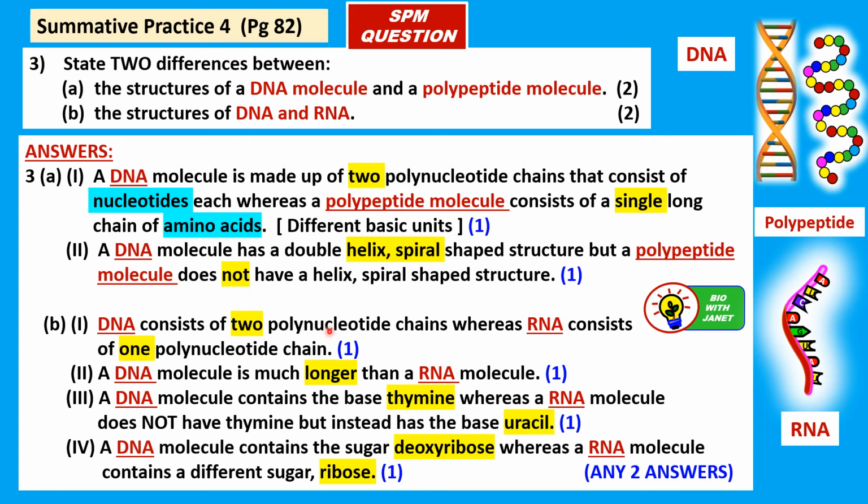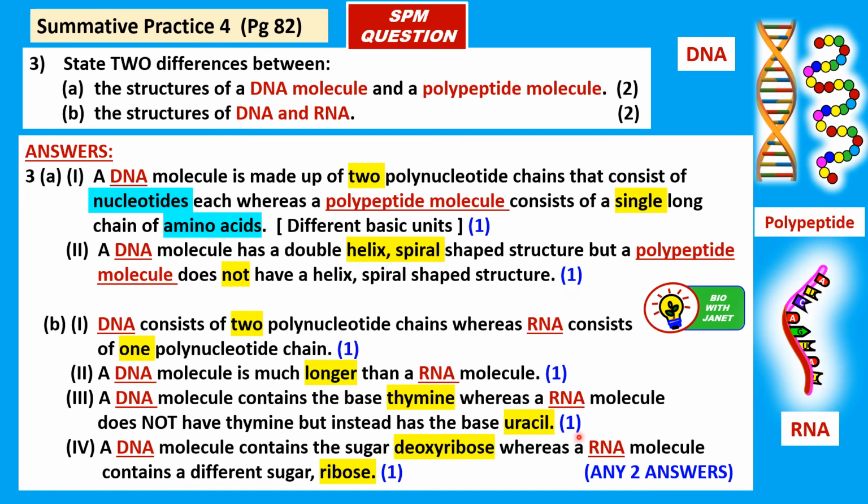So DNA consists of 2 polynucleotide chains, but RNA consists of only 1 polynucleotide chain. Next, a DNA molecule is definitely much longer than an RNA molecule, because DNA molecule contains more genes. RNA only copies the genetic information of 1 gene from DNA.